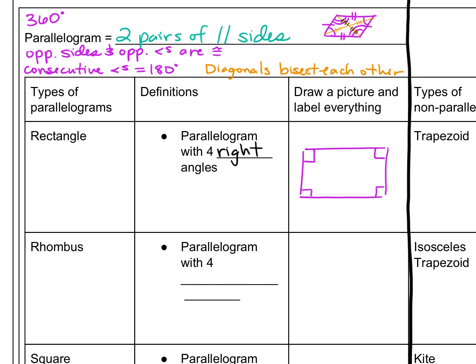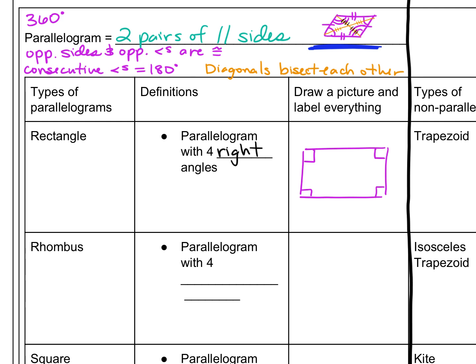But what was the theorem that went along with rectangles? Opposite sides and opposite angles are congruent. That's true because of the parallelogram, right? So you don't need to restate that. What's the theorem? If one of the angles is right, all the angles are right? Yes, that is true.